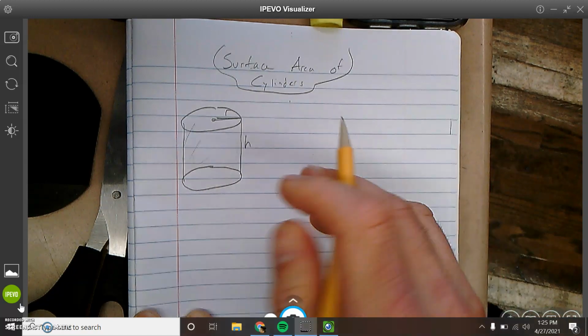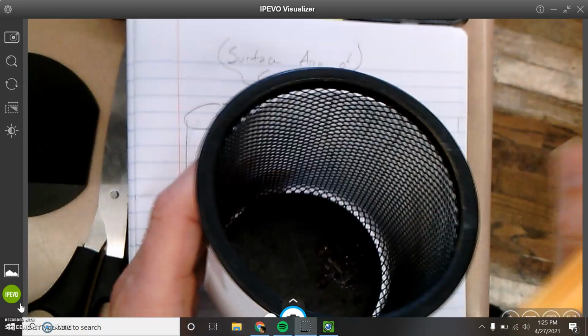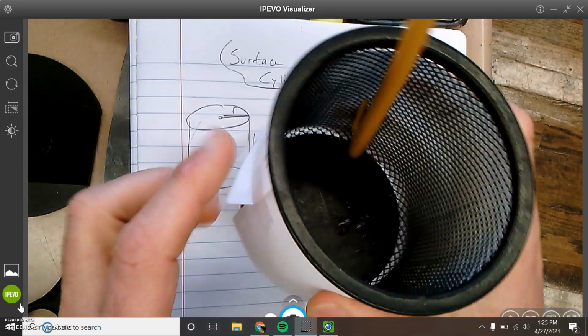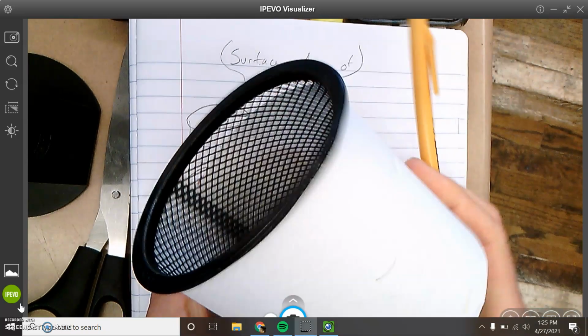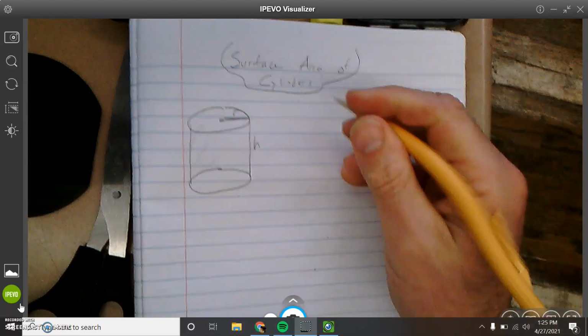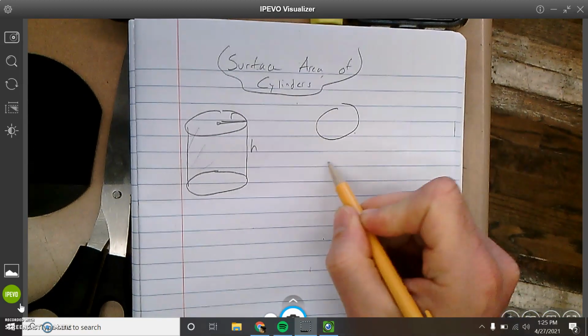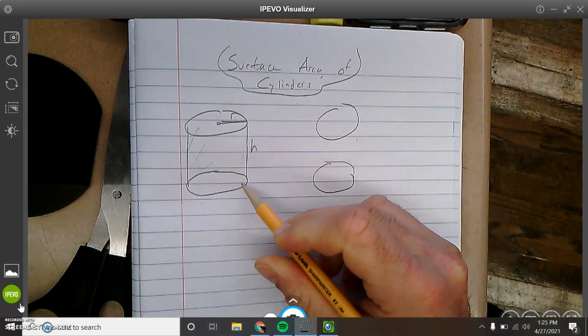Okay, so looking at a cylinder like this, a pencil holder, you put your pencils in it like that. Obviously the top is a circle and the bottom is also a circle. So there are two circles, one from the top, one for the bottom.